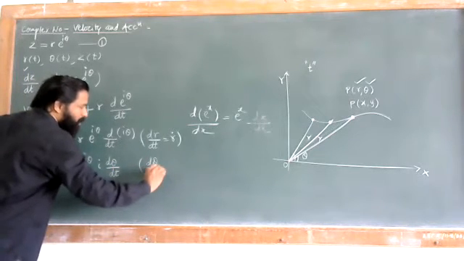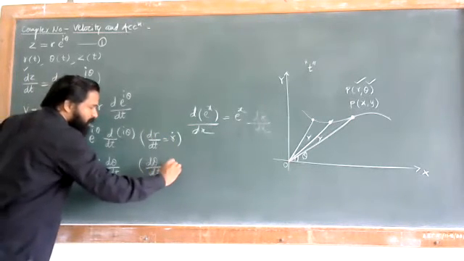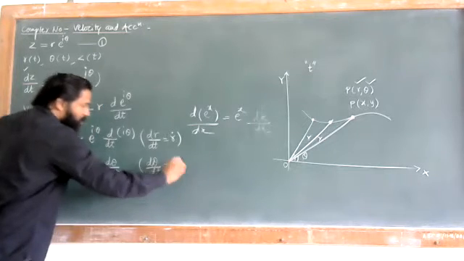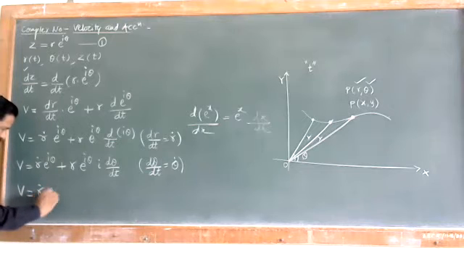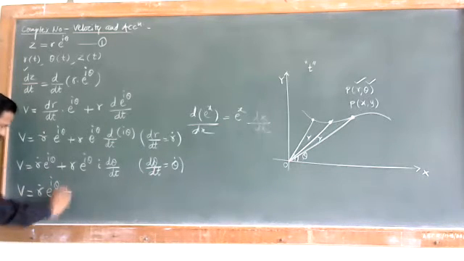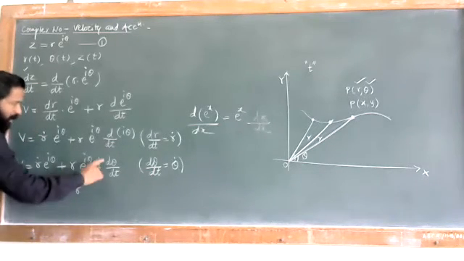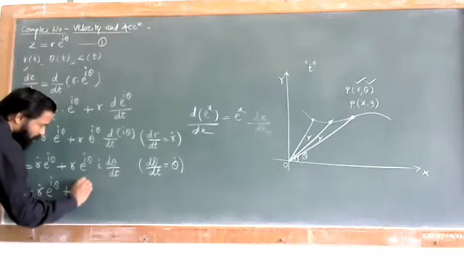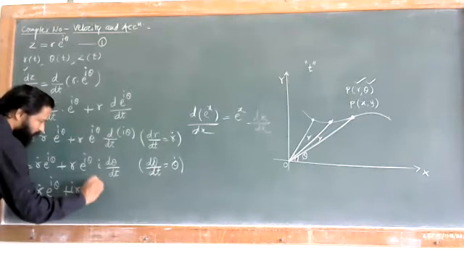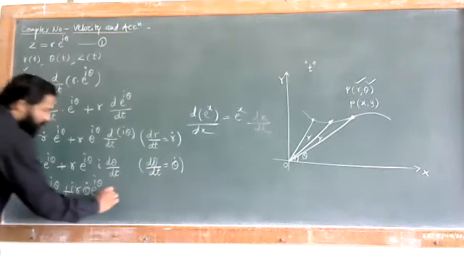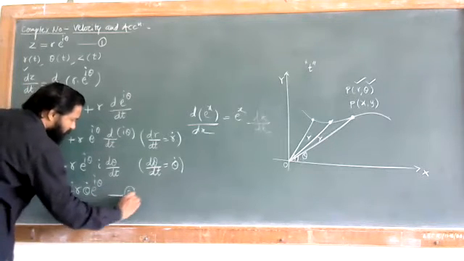That is nothing but theta dot. So in final form, velocity is r dot e raised to I theta plus I into r into theta dot, multiplied by e raised to I theta. So this is your equation number 2.